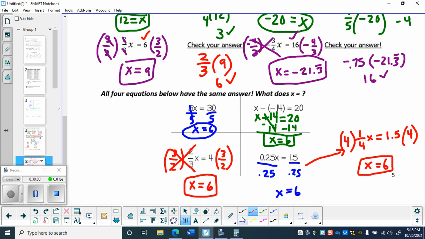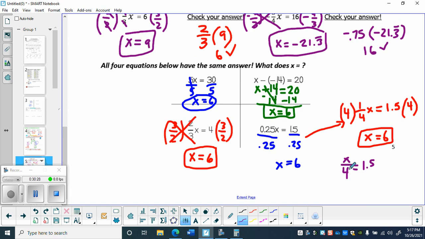And now I want to review based on that. If you take a fourth of a number, that's the same thing as just doing x over 4, this purple problem. This purple problem is actually the same thing as this red and this blue one right here. Because if you guys were to see this problem here with a denominator, you guys know that anytime you have a denominator, you're supposed to just multiply both sides by the denominator.